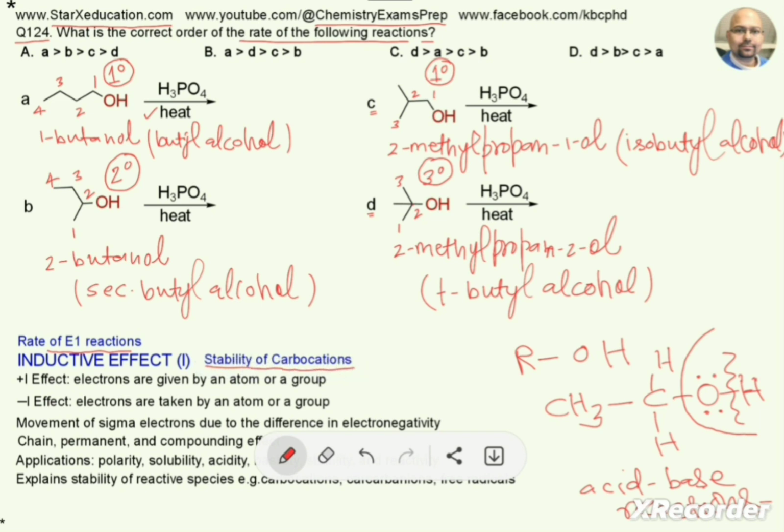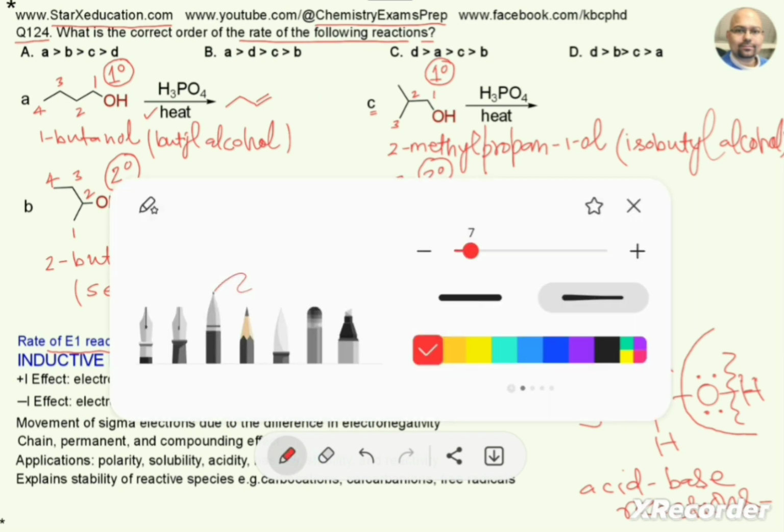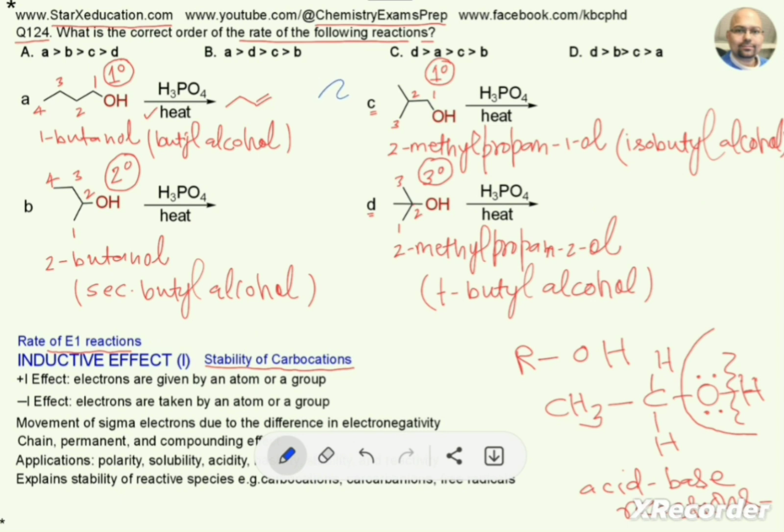carbocations. So the compound A, this forms a primary carbocation, and so the product would be this alkene, butene or 1-butene. So for this we need to see the stability of carbocation, which is a primary carbocation.